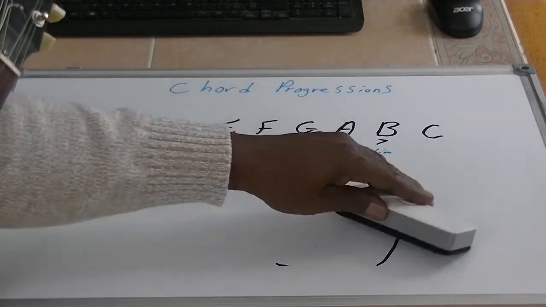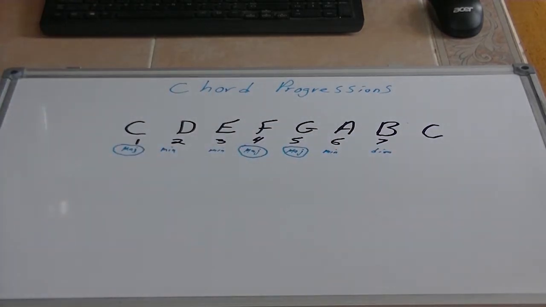So now that brings us to chord progressions that use 4 chords. And progressions with 4 chords in them tend to give us more complete statements.